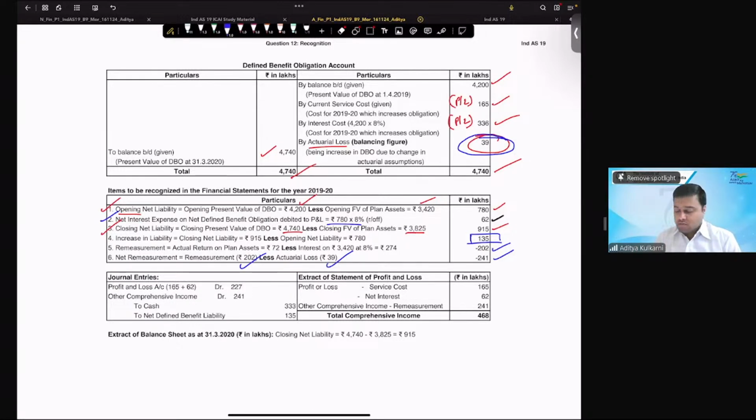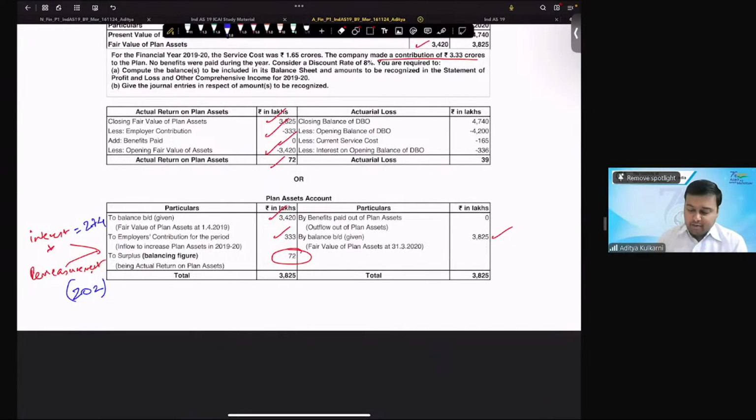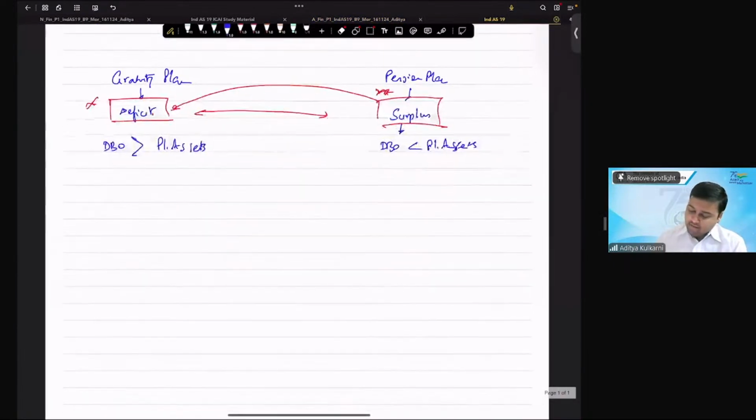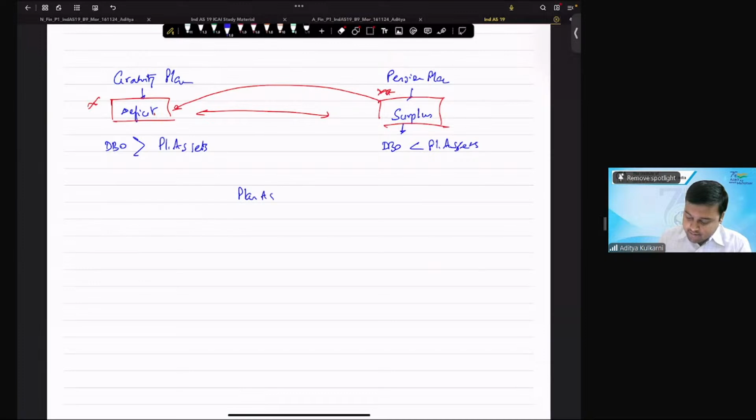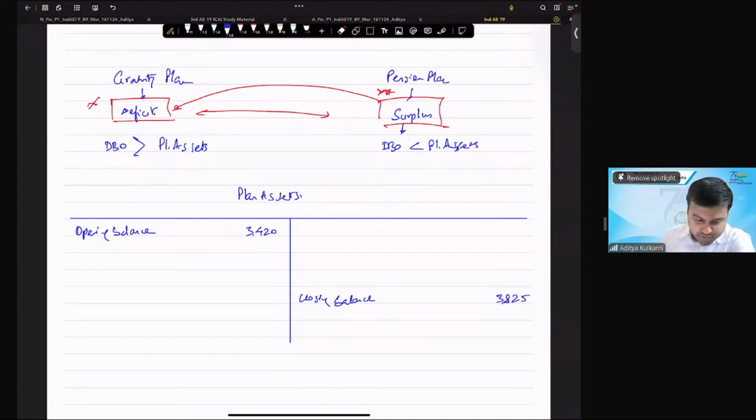Sir, why do we call it actuarial loss 241? Because, look, let me do it for you in a simple T-form. You only will tell me why we call it a loss. Okay. Opening balance 3,420. Closing balance 3,825. Benefits paid is nil.